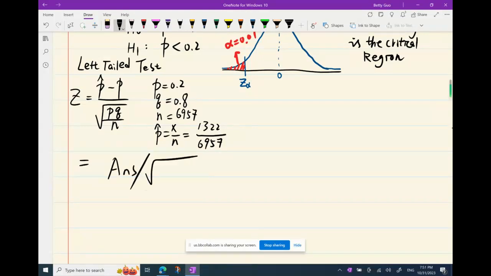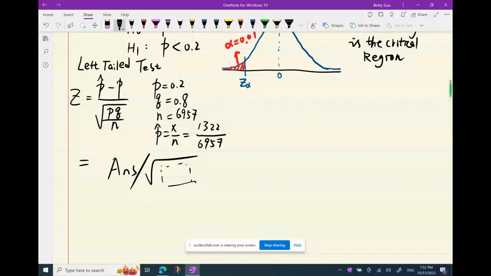You probably have a box blinking, and you type the things in the box: 0.2 times 0.8, which is 0.16.